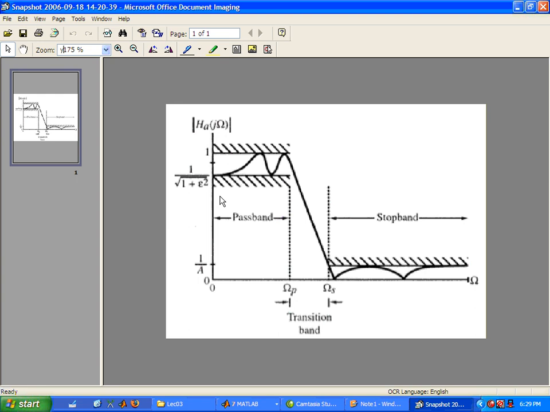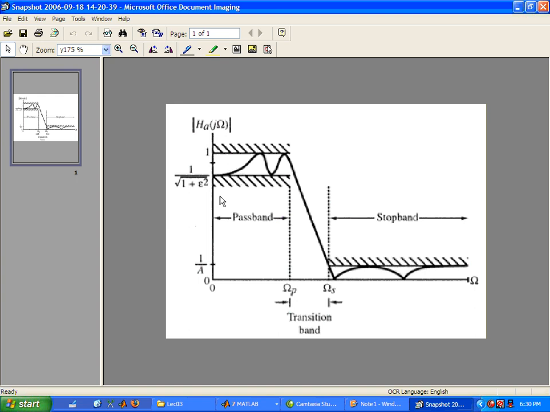For smaller epsilon. All right, well, if epsilon is 0, right, that's the smallest epsilon you could have, right? If epsilon is 0, then how big is your ripple? No ripple. 0. Okay, so as epsilon gets bigger, you have more ripple. So now I'm telling you, let's decrease epsilon. So that should decrease our ripple. Right?